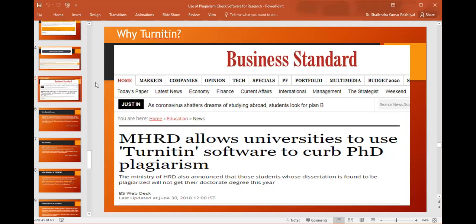I will find out through Mr. Rajneesh, who is number 2 in UGC, because officially I did not find anyone substantiating this business standard report of 2018, but Urkund was launched sometime October, November 2019. So I will come back on whether Turnitin is still allowed by UGC or not.